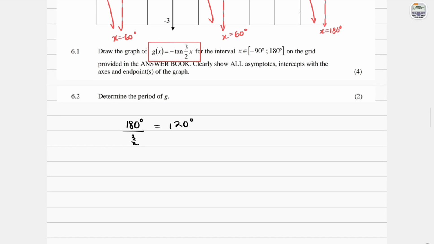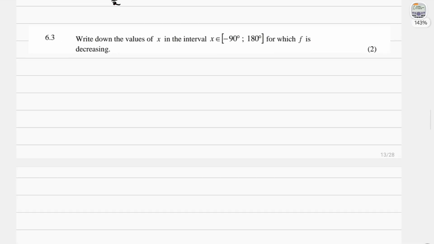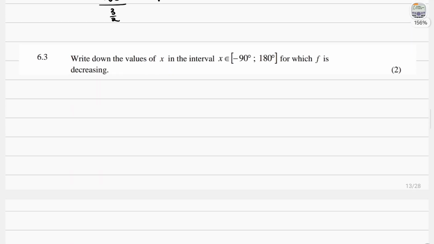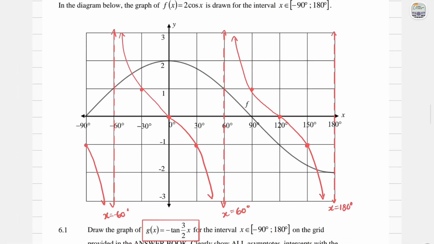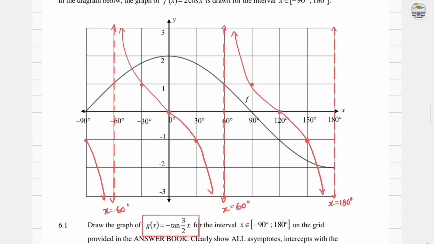Moving on to the next question. Question 6.3 says, write down the values of x in that same interval for which f is decreasing. So that is this first graph that was already drawn. Where's it decreasing? Looking at the graph, you see that from -90 degrees, this graph is moving upwards when reading from the left to the right, meaning it's increasing here.